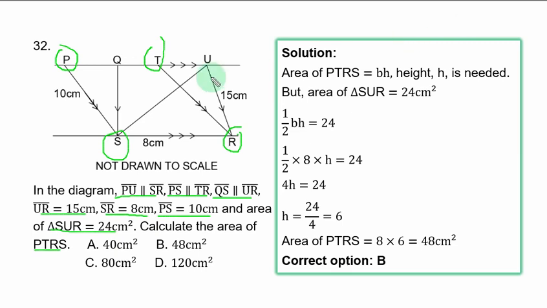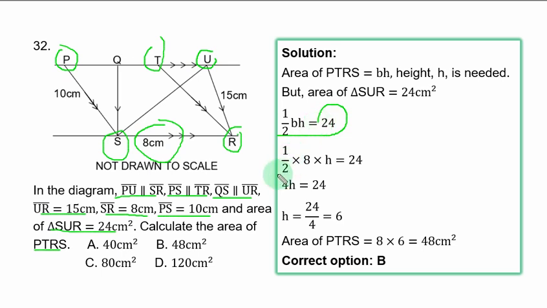That is why the area of triangle SUR is given to you to enable you to find the height. That triangle, the base is 8. So you have 1/2 times base times height as the area of triangle SUR, and it is equal to 24, the value for the area.